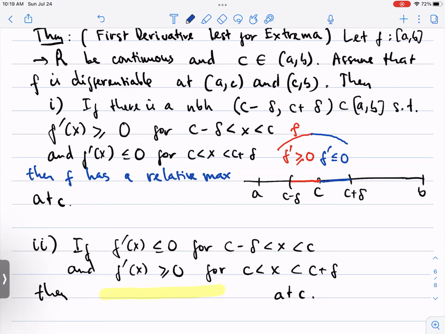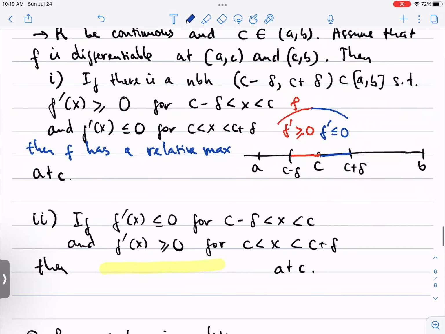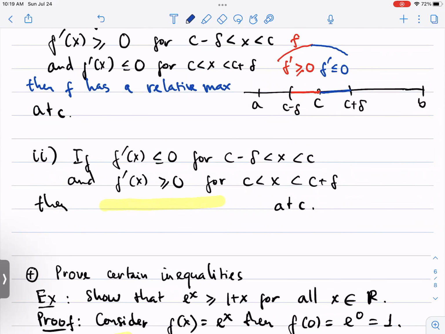We do not mention its behavior at point c. So this test is applicable even for the case that the function f is not differentiable at c, as long as it's differentiable over the open neighborhoods (a, c) and (c, b). We have the second part here, which states the condition for a relative minimum.